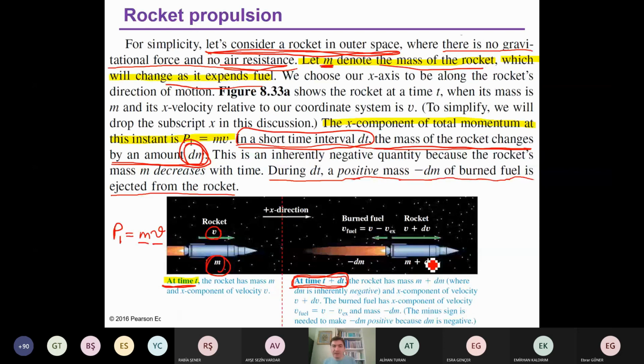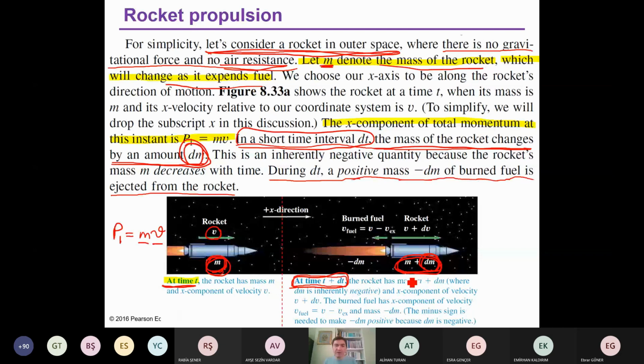Don't forget, this dm is negative because mass decreases. At the beginning the mass was m, and after dt the mass becomes m plus dm, the change in the mass of the rocket.